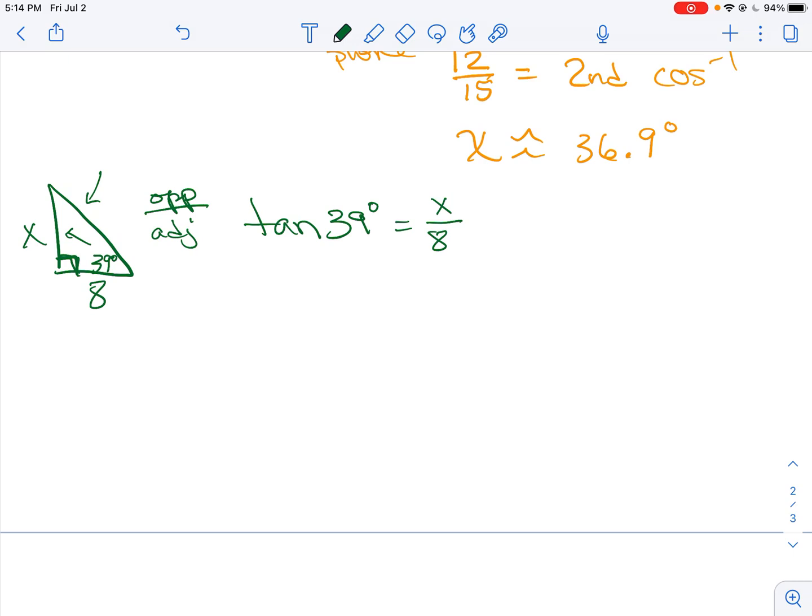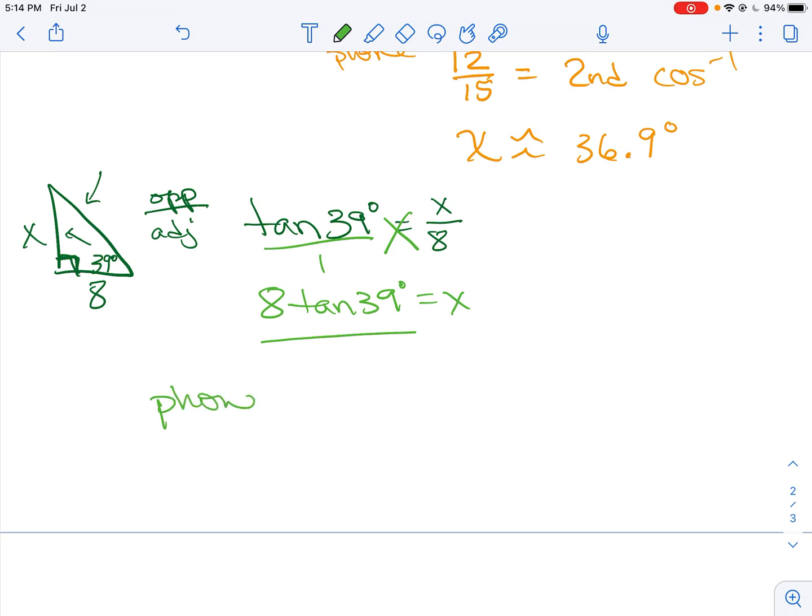So in order to finish this problem, I need to cross multiply. So I get 8 tangent 39 equals x. So you put it into your calculator. If you have it in your Desmos calculator, you just put it in just like that.